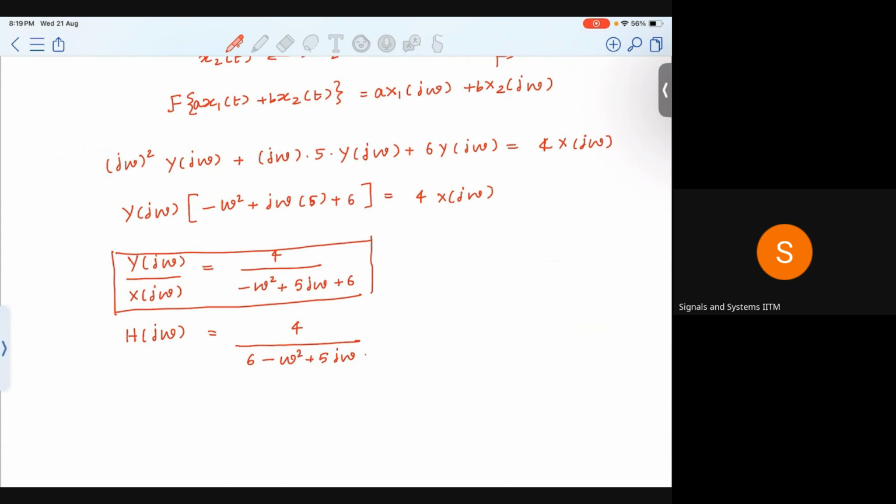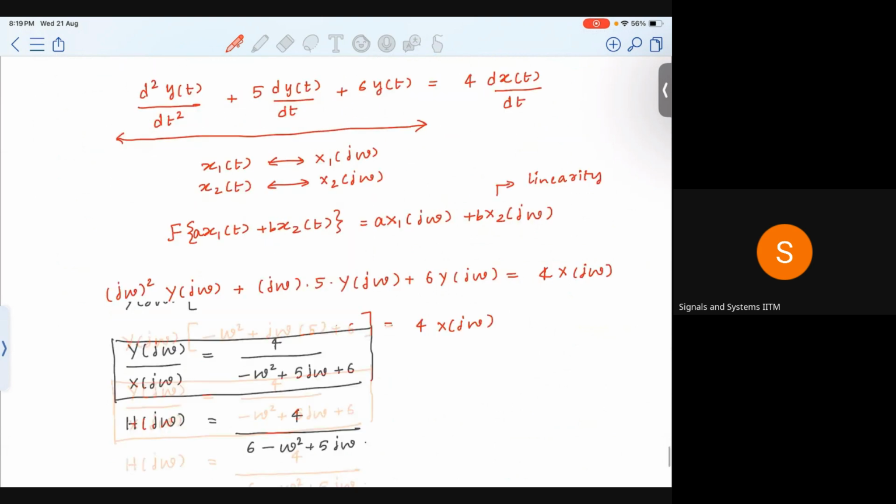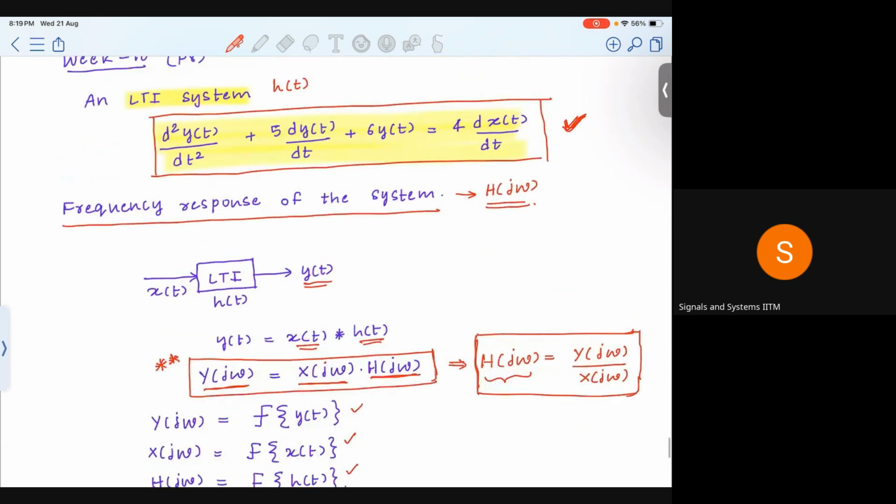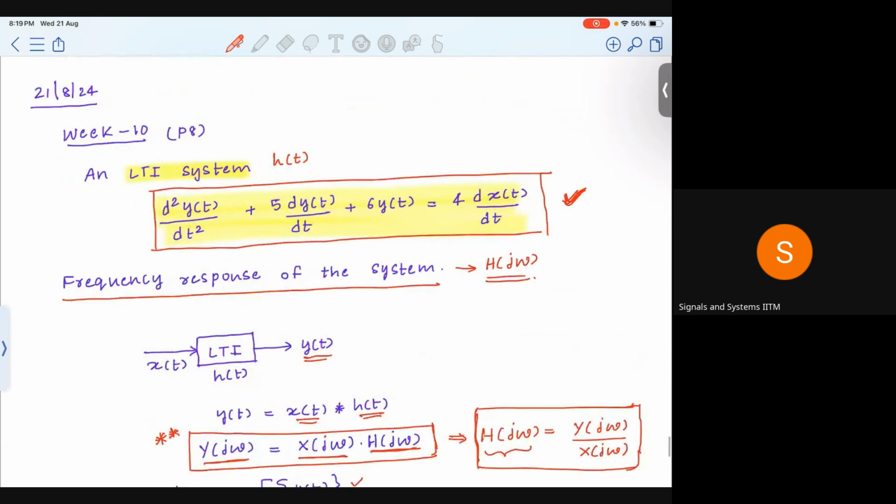So how does it actually help us in solving the differential equation? If the Fourier transform is not there, from the input-output relationship where y of t is x of t convolved with h of t, it is very difficult to find the impulse response h of t.